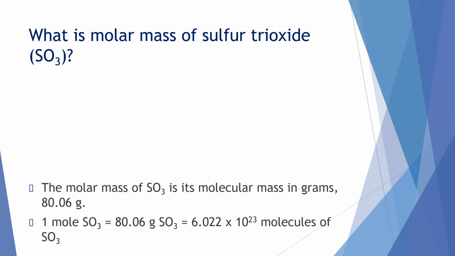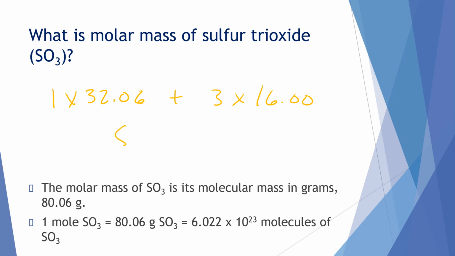So I have 1 S, so 1 times 32.06, plus 3 times 16.0. When I add those up, I'm being thorough, even though it's on the screen and on the paper, but make sure you are able to do this.